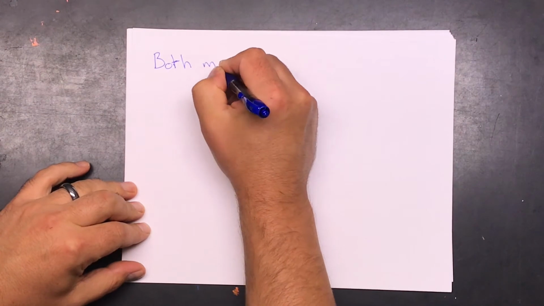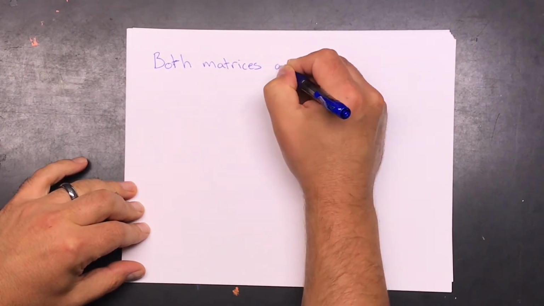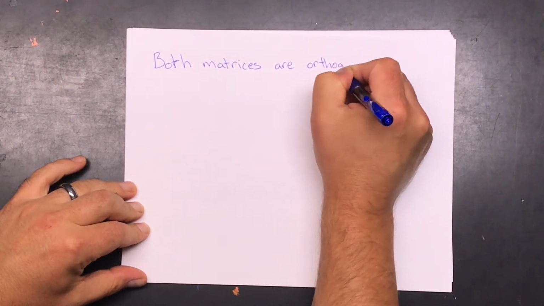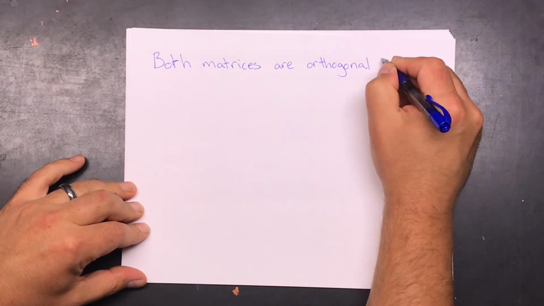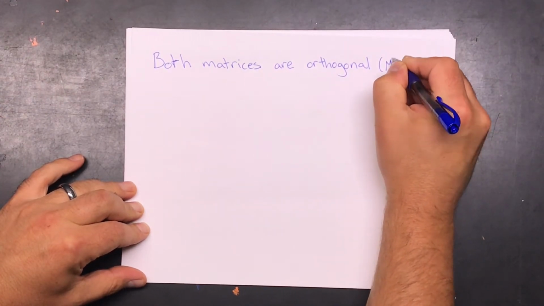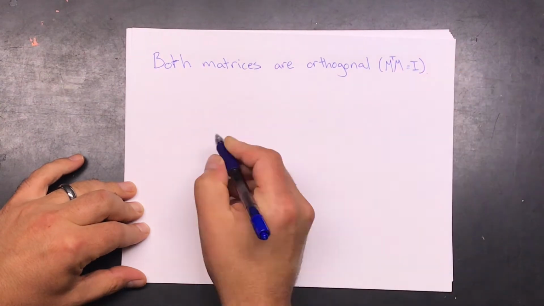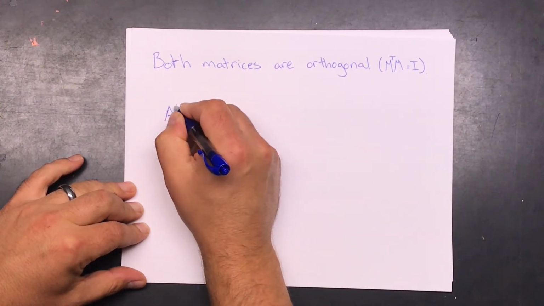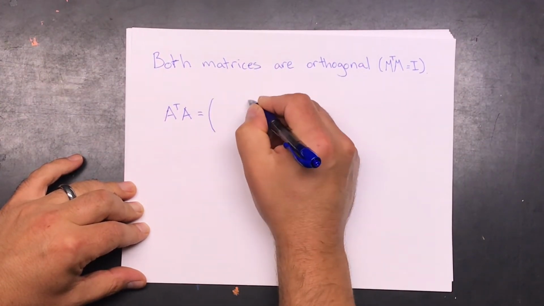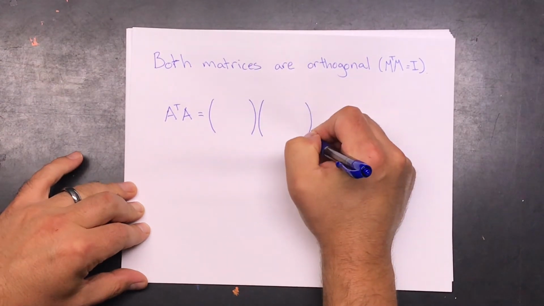Now we're going to prove that both of these matrices are orthogonal. That is, that the product of the matrix and its transpose is the identity. Of course, we can just check this by directly multiplying.